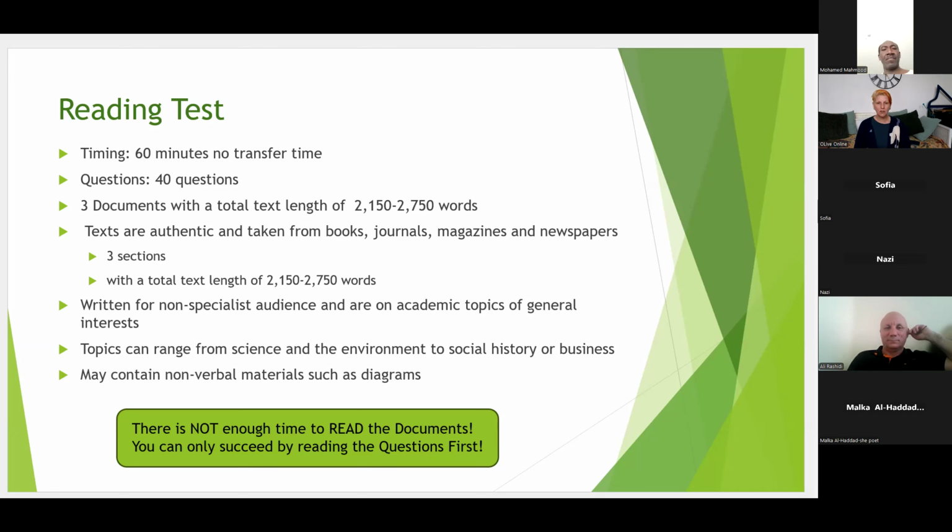3 documents with a total length of up to 2,750 words. Right. It is in 3, there's 3 documents. They are written for non-specialist audiences. So they will be articles like the ones in BBC 6-Minute English, and obviously not with the extra grammar definitions, but those kinds of topics, right?